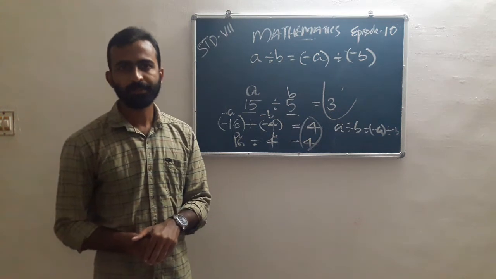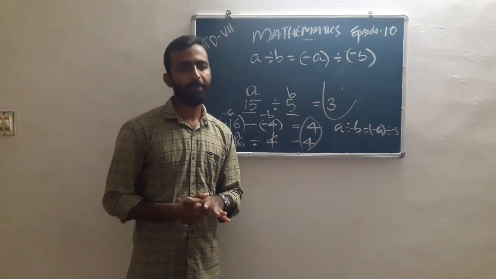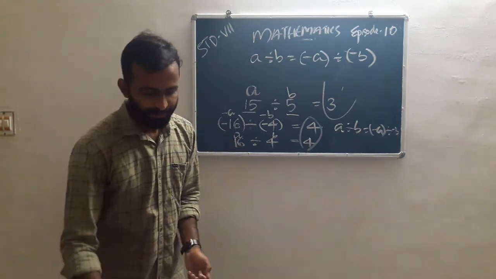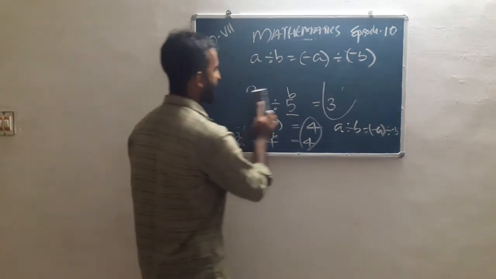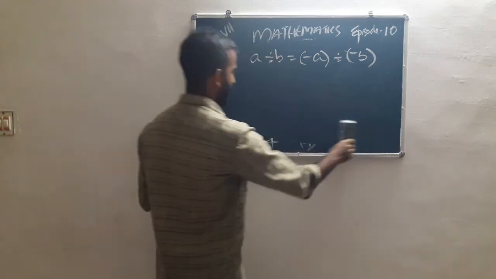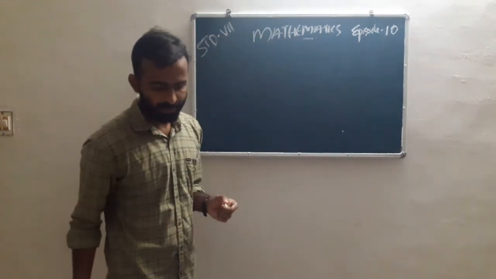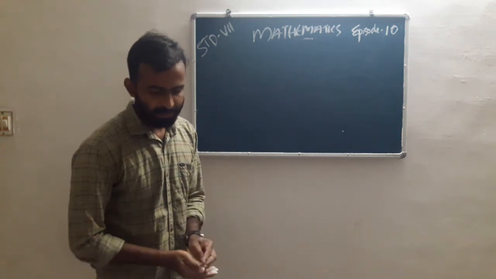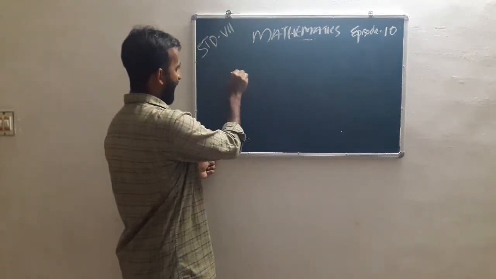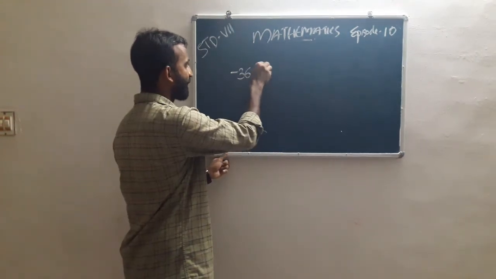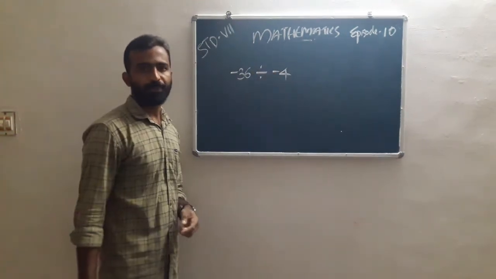Any doubt? All are happy? Can you follow? Okay. Next, there are some try these questions. We can start. The first one is negative 36 divided by negative 4.